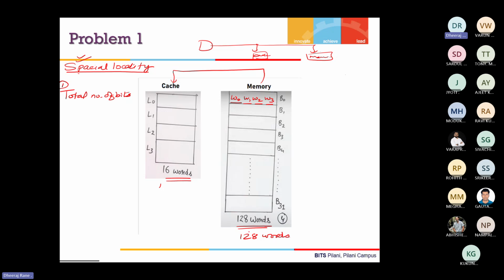Altogether here we are having 128 words, and if I talk in terms of blocks, it is 32 blocks. But we don't have to see in terms of blocks. Ultimately, it's the words that I need to refer. So first of all, total number of bits. Anyone who can tell what will be the total number of bits required to refer to each and every word uniquely?